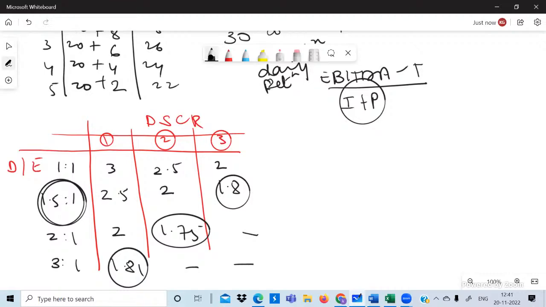So this is how typically banks will try and calculate what is the overall debt equity ratio that the companies can have, which is within the DSCR that the bank wants. So as long as your debt equity ratio is within that limit, the bankers generally will not have an issue. But if you try and cross that limit, then the bankers will either start charging a high interest rate, or they'll ask you for more collaterals and guarantees, or they'll start rejecting the loans and they'll say, no, we don't want to sanction the loan.